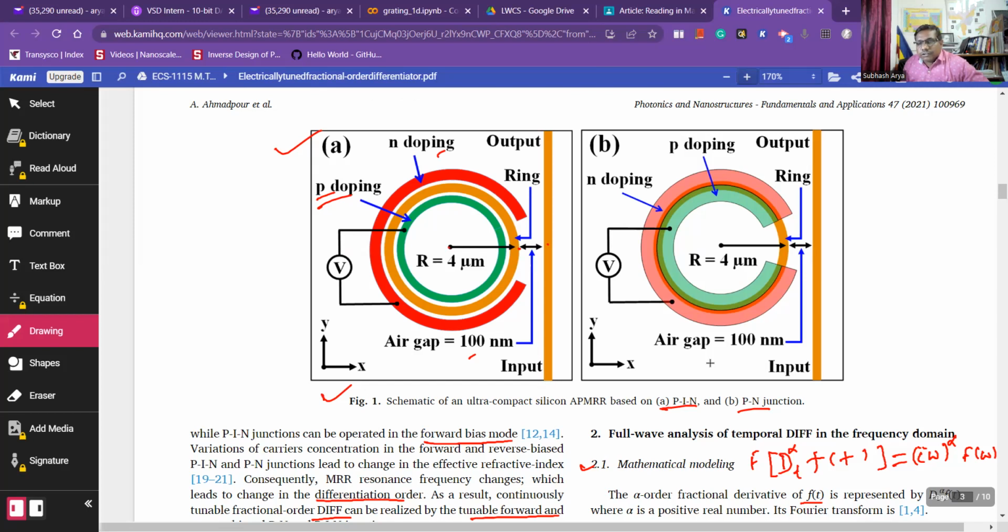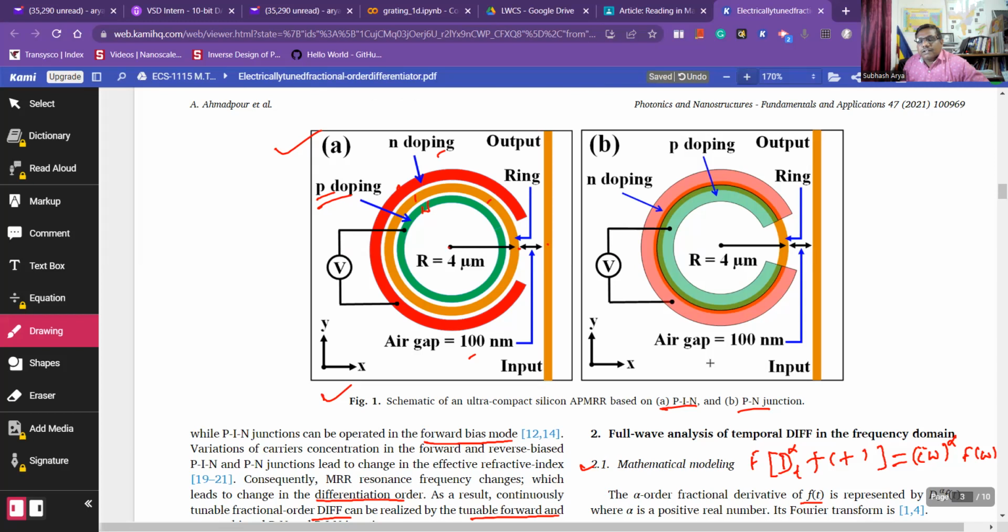Now coming to this PN junction, which again is a ring. In PIN, since the region between P and N should be intrinsic, the silicon material is working as an intrinsic region. So this is P, this is I, this is N. So PIN.